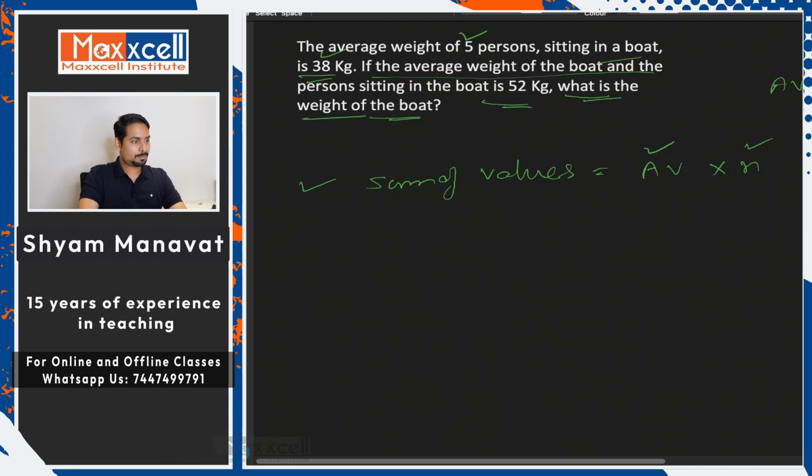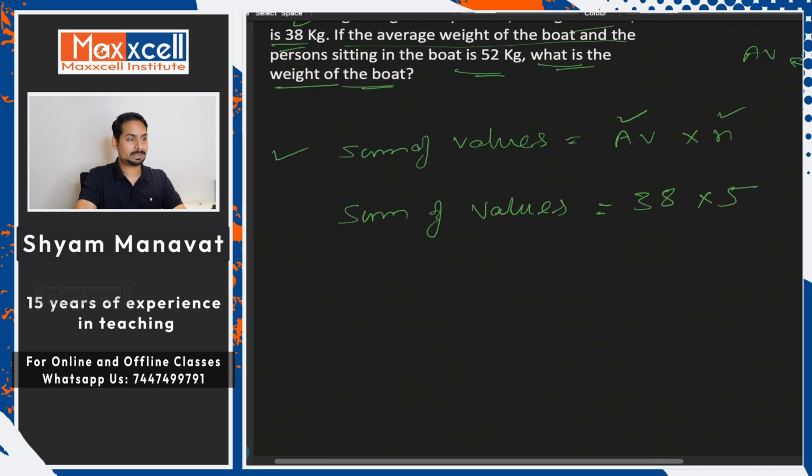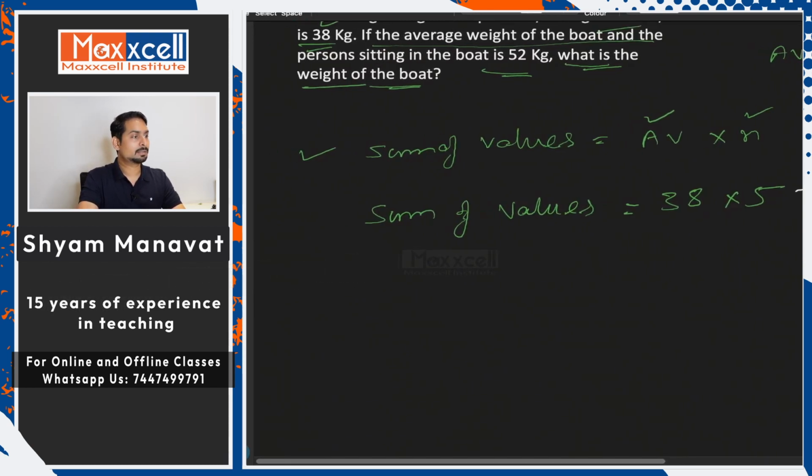Okay. So sum of values here is equal to average, which is 38, multiplied by number of values, which is 5. There are 5 people, right? Let's call this equation number 1. Here, what do we mean by sum of values?